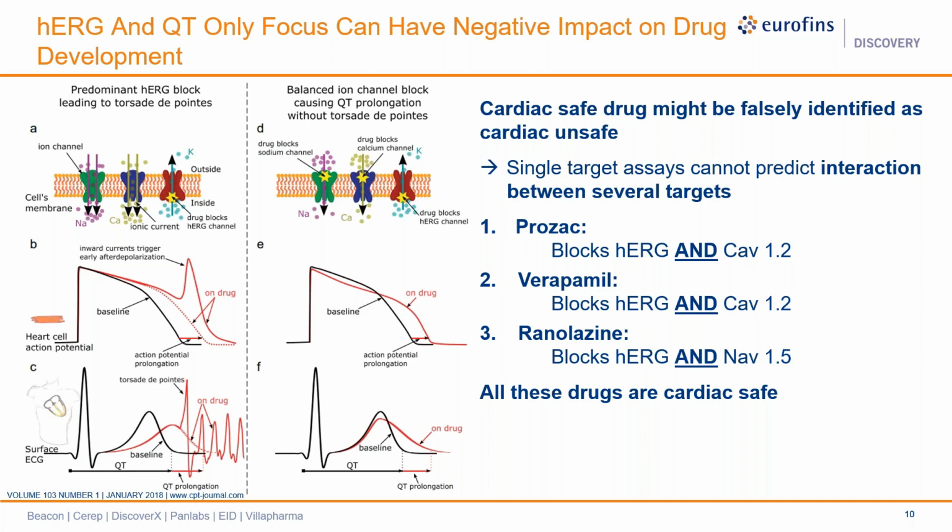We have Prozac and verapamil, which both block the hERG channel, but in addition, they also block the calcium channel CaV1.2. And then on the other hand, we have ranolazine, which also blocks the hERG channel, and in addition, the sodium channel NaV1.4. But all of these drugs are cardiac safe.